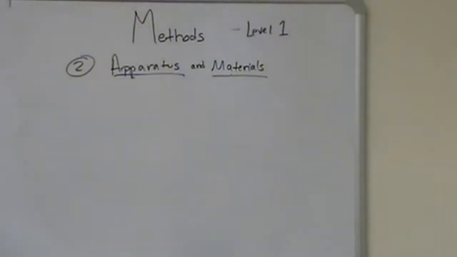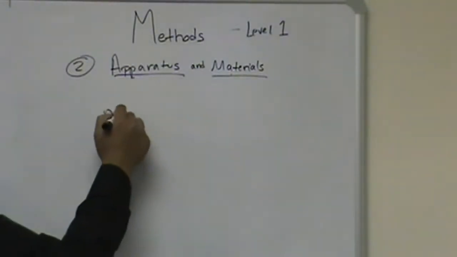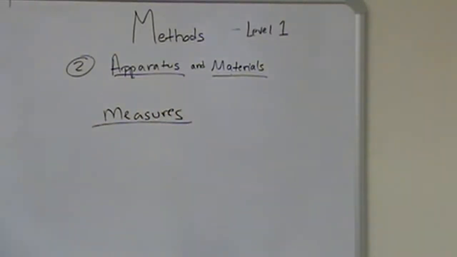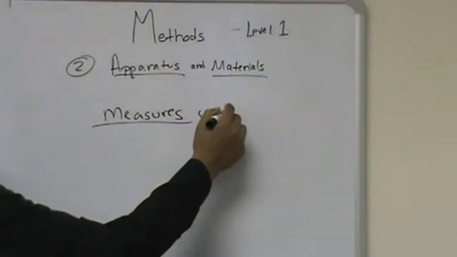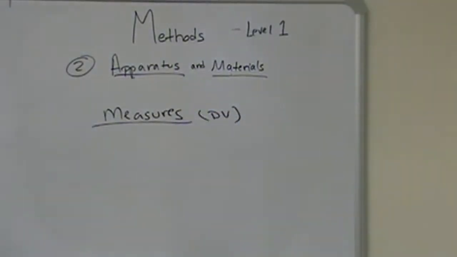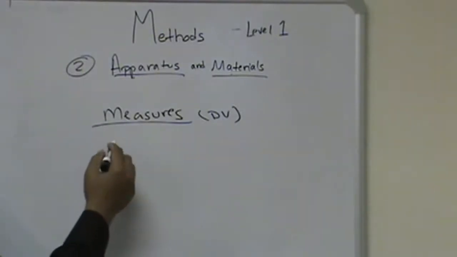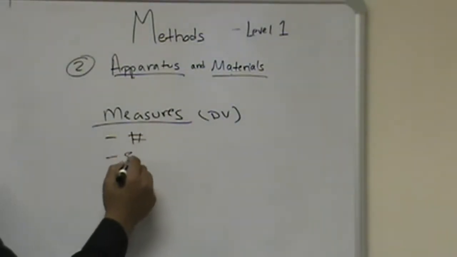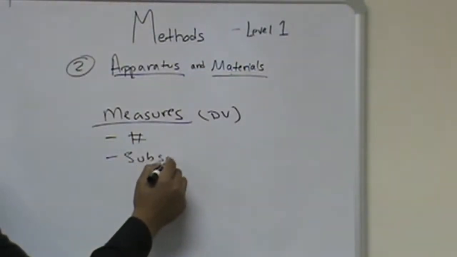Another key point is when you're mentioning the measures, again, these are the things you're using to measure the dependent variable, remember, right? It isn't enough just to say, oh, we're using the self-esteem inventory. It isn't enough detail. What I need there is I need to know how many questions were there, subscales.